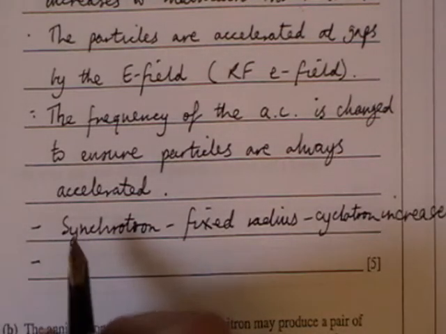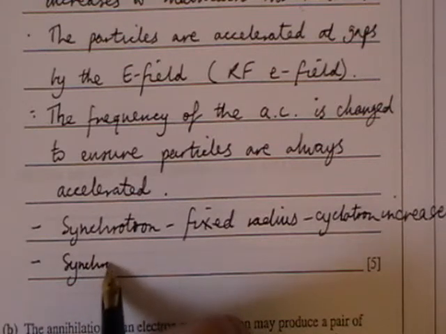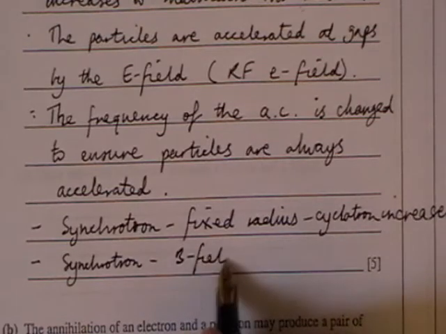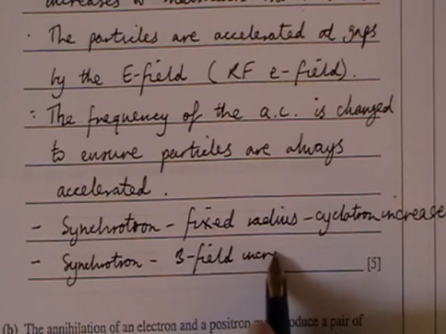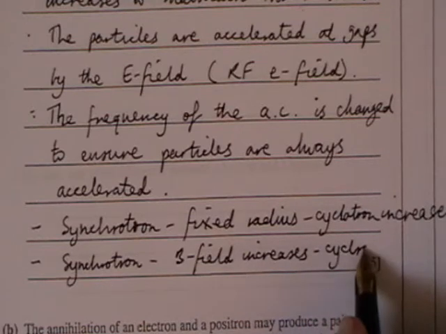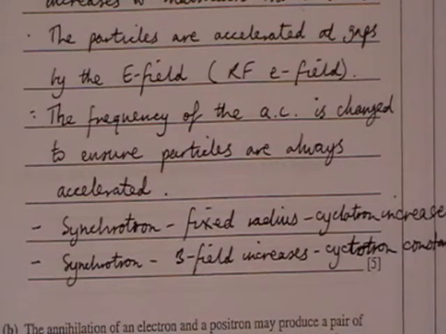And also in a synchrotron, the B field increases. The cyclotron is constant. Right, and somewhere in those you'll find your 5 marks for that.